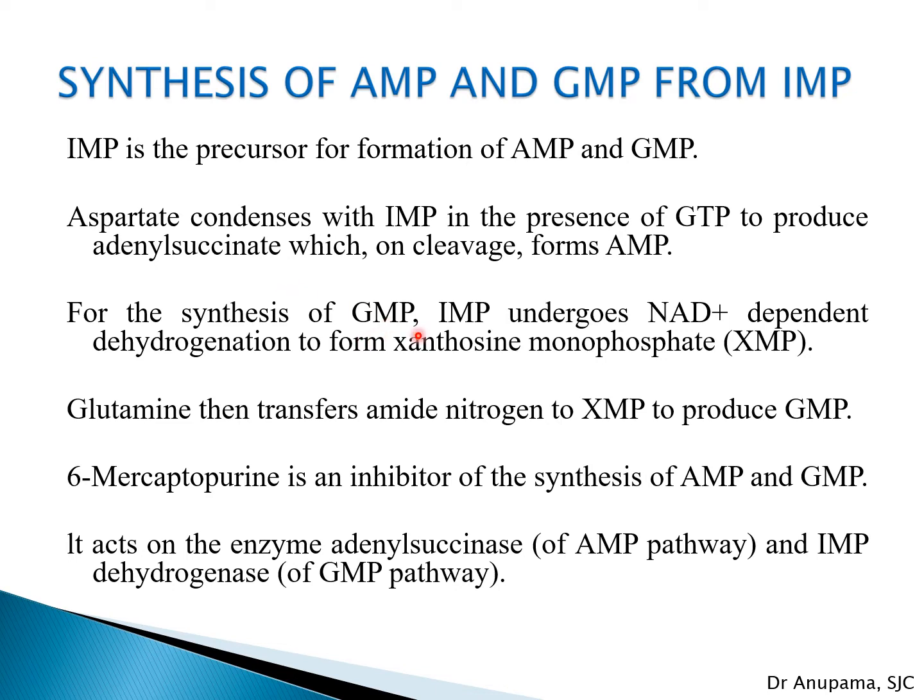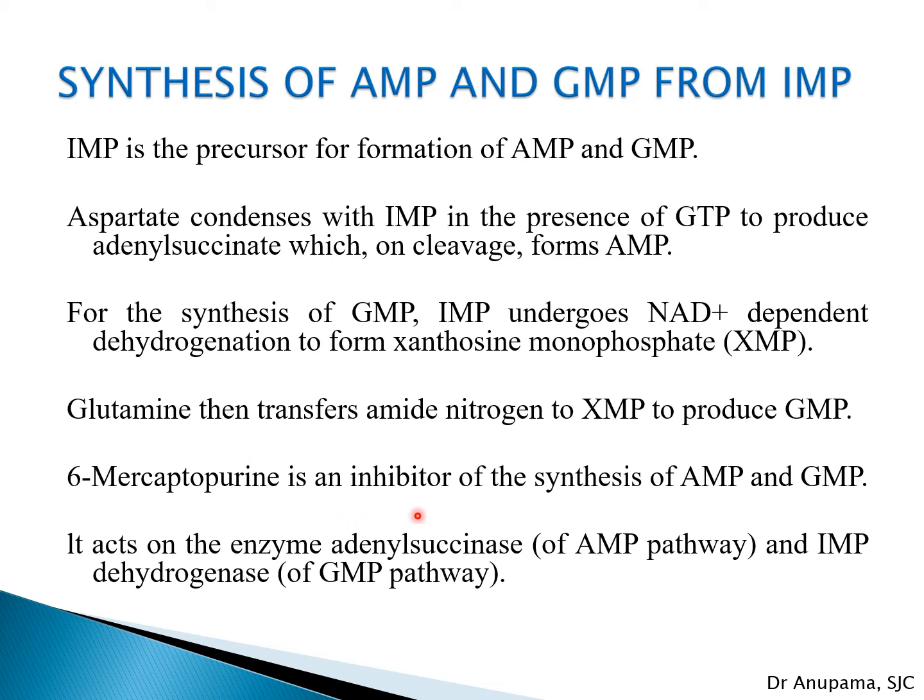For synthesis of GMP, IMP undergoes NAD plus dependent dehydrogenation to form xanthosine monophosphate. Glutamine then transfers the amide nitrogen to xanthosine monophosphate to produce GMP.